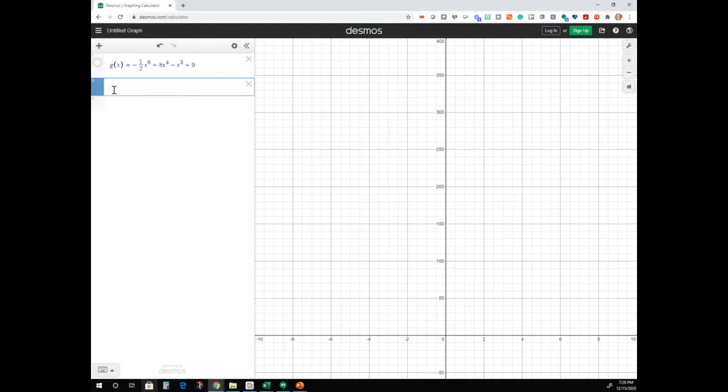So I'll turn that one off, and then let's graph k of x, which is 11x to the 7th. You can see that before I type in the rest of it, we have our end behavior here. They're going in opposite directions. The left is going negative, right's going positive, as we determined.